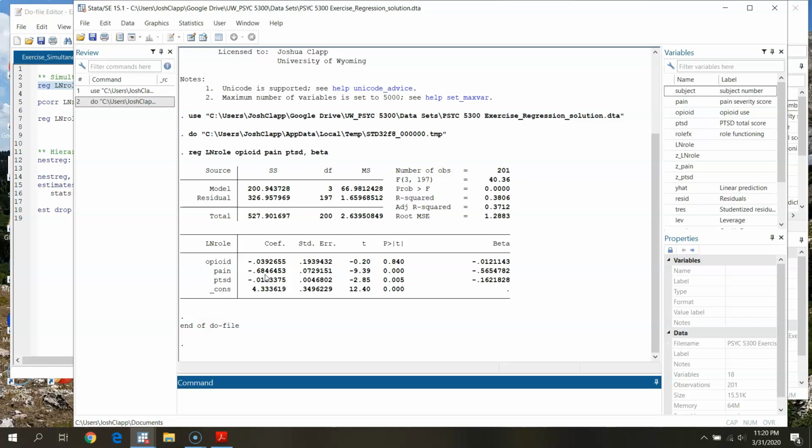Again, a 1 unit increase or decrease in your predictor corresponds to a change in the expected value of your outcome. Now, a little bit tricky because our outcome variable here is a natural log.